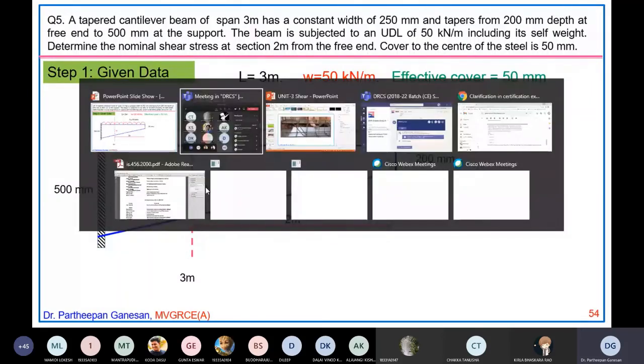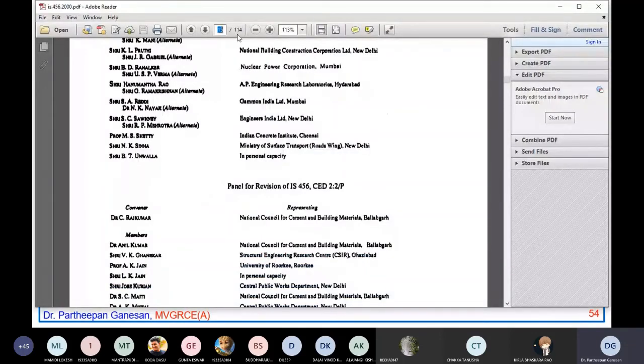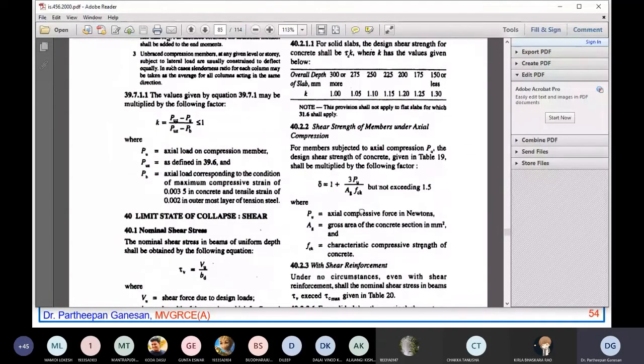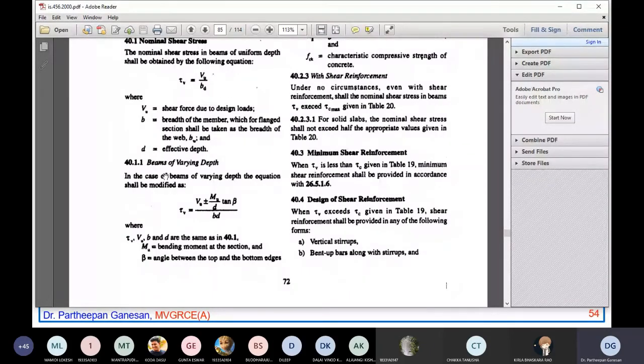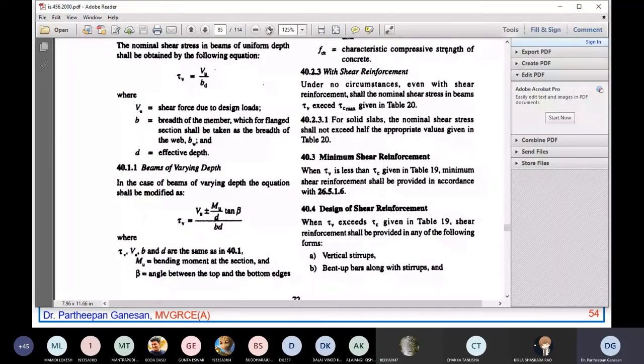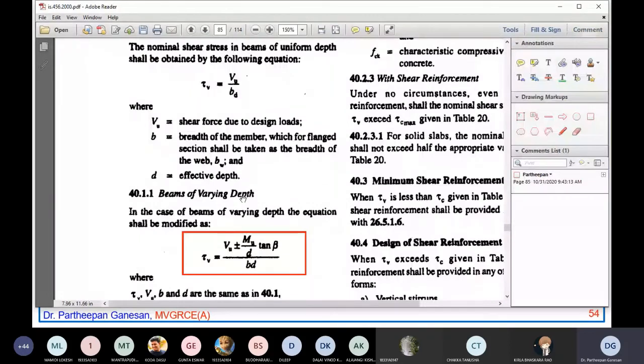Suppose if you see the code, I have it here, page 72. So here beams are varying depths. You can see for the beams of varying depth, the equation shall be modified as tau V is equal to VU plus or minus MU by D tan beta, divided by B into D. Okay.